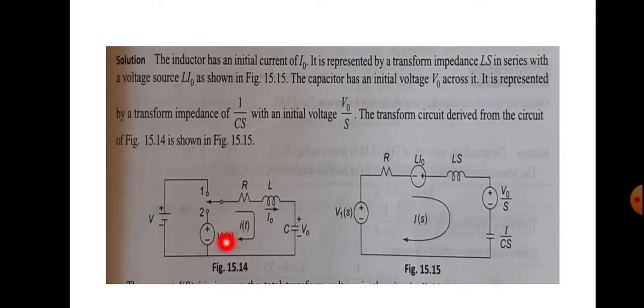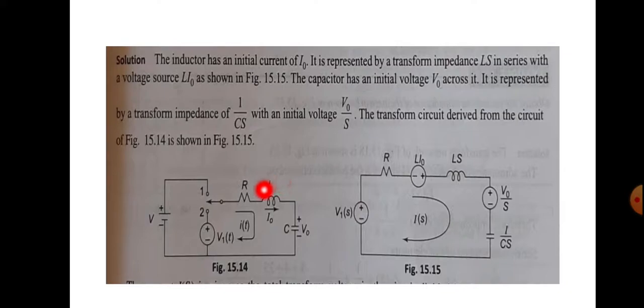Instead of time domain, we will transform it into S domain, so instead of V1 of t, it will be V1 of S. Since it is a voltage source, that is marked first. Next is the resistance. In the case of resistance, the impedance is denoted by ZR and its value will be R itself. So we can draw ZR like this, the resistance symbol.